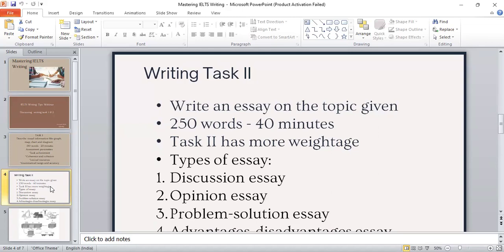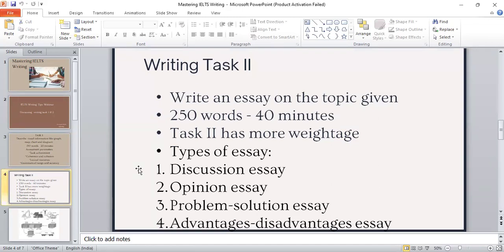There are different types of essays like discussion essay, opinion essay, problem solution essay, advantages disadvantages essay. The topic will be based on any relevant topic like pollution, technological advancement, global warming, globalization, etc. These are just examples.